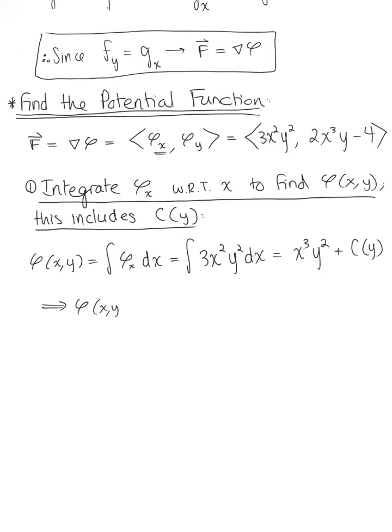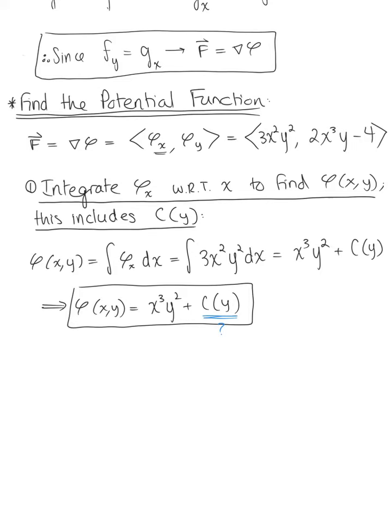So thus far we have our initial potential function as x cubed y squared plus c of y. And we think to ourselves, well, what is c of y? So that's our next order of business.